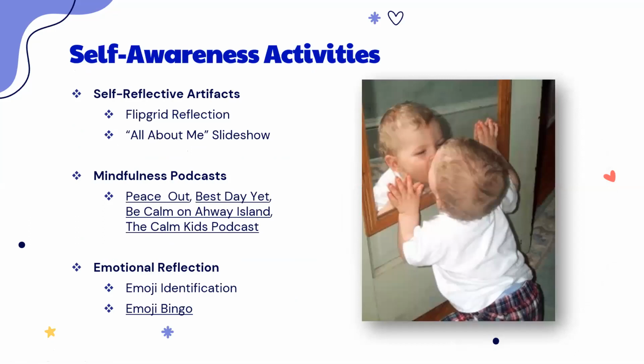In terms of activities, if you want to incorporate self-awareness into your remote learning environment, here are a couple of suggestions. For a self-reflective artifact, if you've used Flipgrid before, and I know we've done a couple of trainings and examples of sharing it over the past few weeks, essentially you have a prompt and students respond to that prompt with videos. So if they're doing self-reflection, you can ask them a self-reflective question, and they can respond with a video.